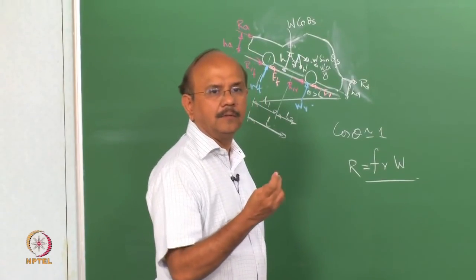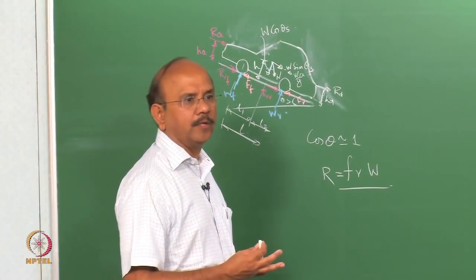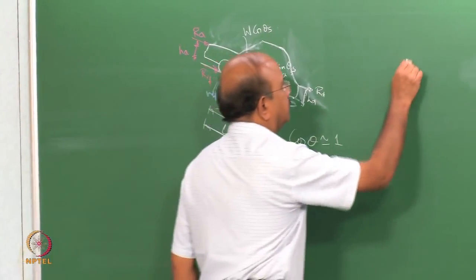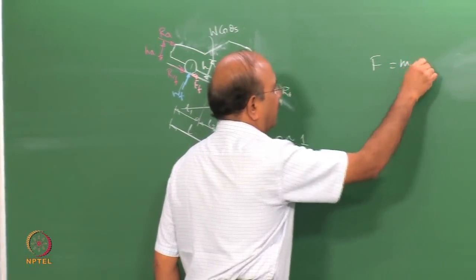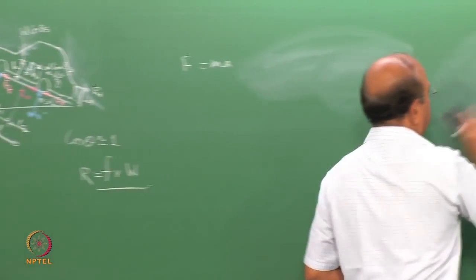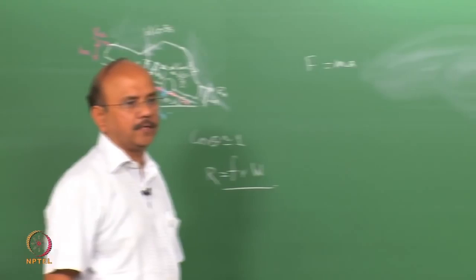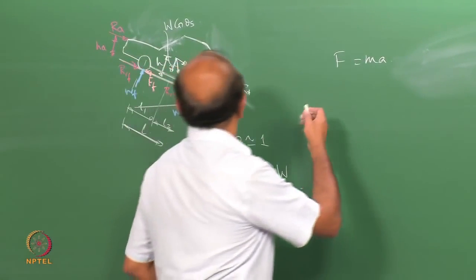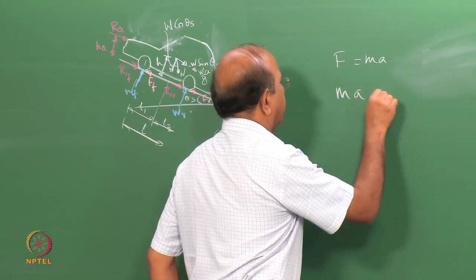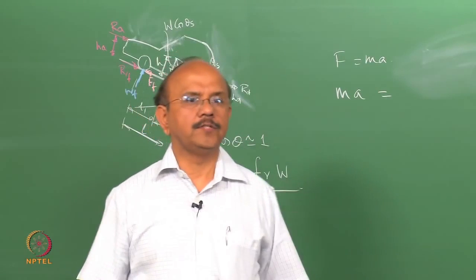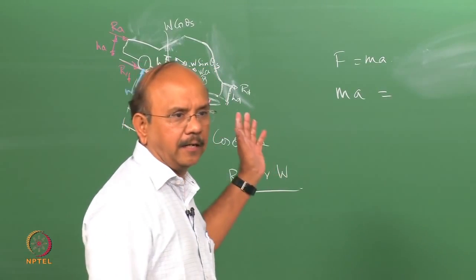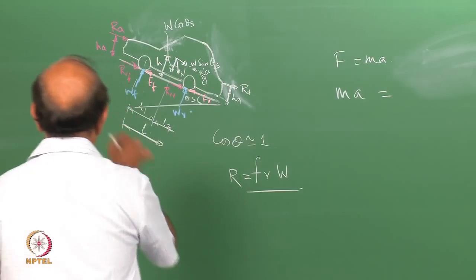Let's write down two things we are going to do. One is, of course, the well known F is equal to ma. We will write down the F is equal to ma equation, and that is the first set of equations. So, let me write the other way, ma is equal to the forces that are acting in the, I said that this would be the x direction.